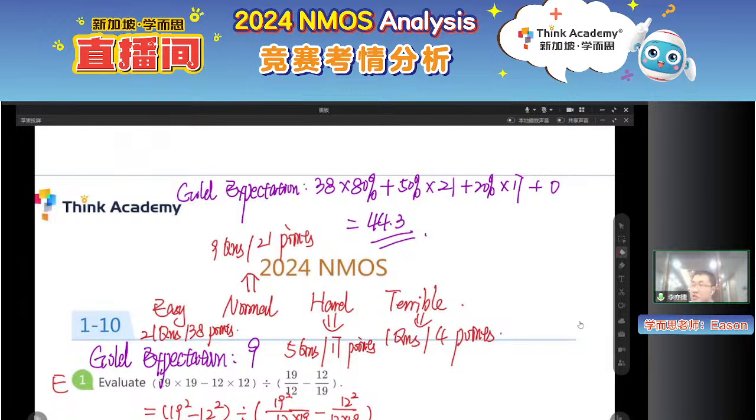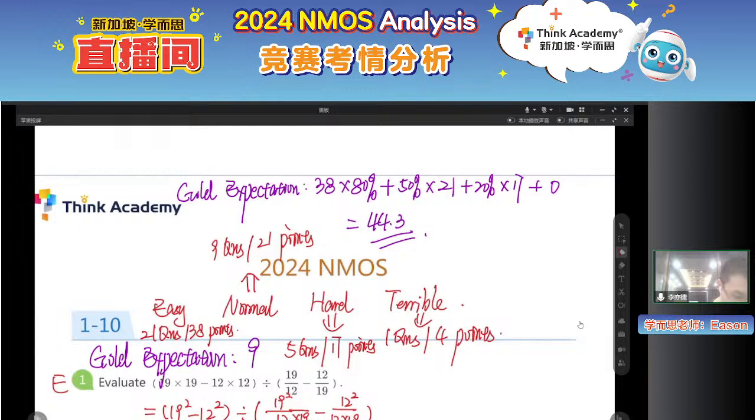Everyone has a limitation. My limitation is that I can be very accurate about gold, and sometimes about the top 10 or top 20, but not for bronze or silver, because I cannot estimate students of that level. I'm not familiar with such students.